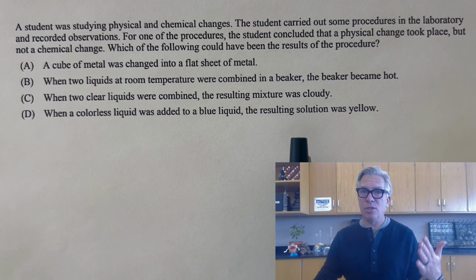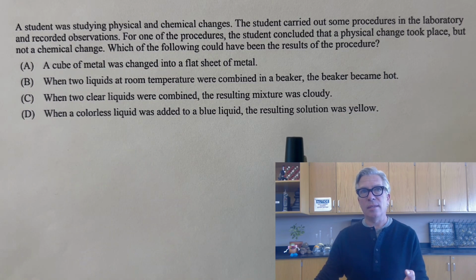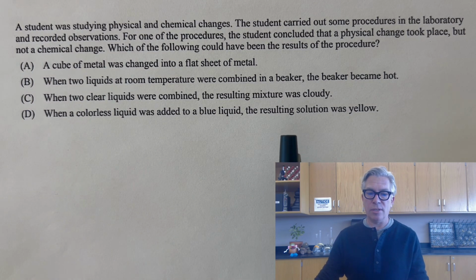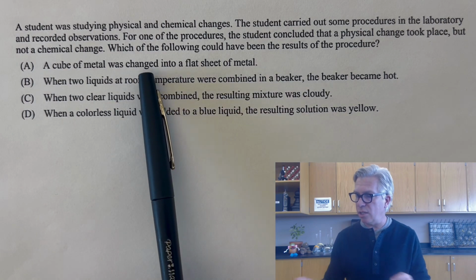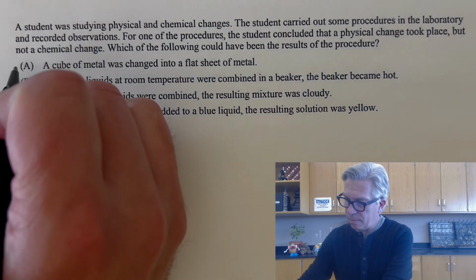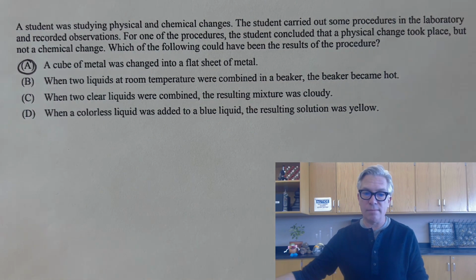Okay, so we have a color change, which you might think is just a physical change, right? We're just changing the color. But usually the change in color is accompanied by a chemical change, or it signals a chemical change. So the only one here that's a true physical change is letter A. Just hammering out a cube of metal into a sheet, that's just not changing the metal.